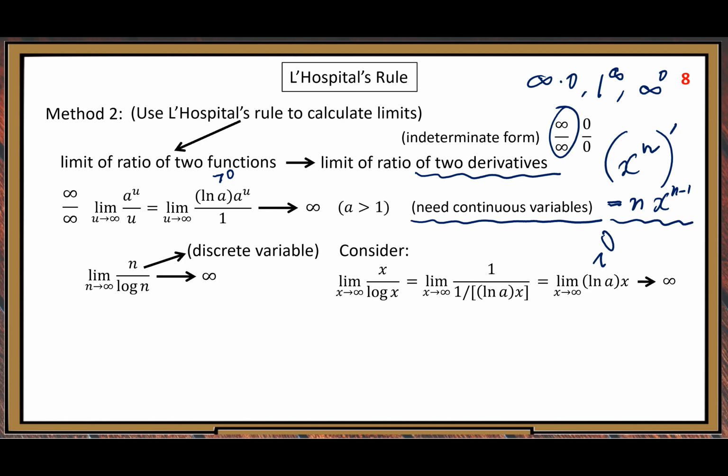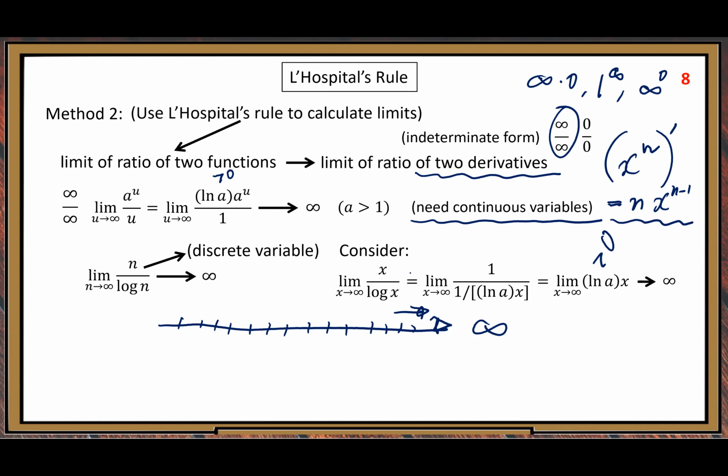The question is, what do you mean x approaches infinity? In what way does x approach infinity? There are many different ways, right? Let me draw a number axis. This number axis goes to infinity, but when x approaches infinity, we take a sequence of x values going along that direction.